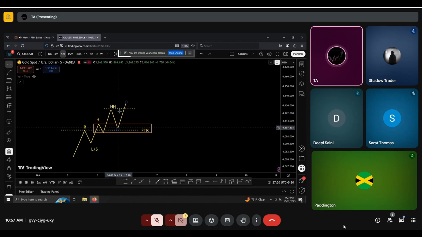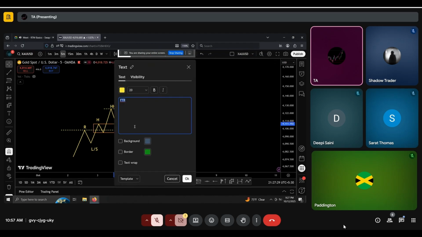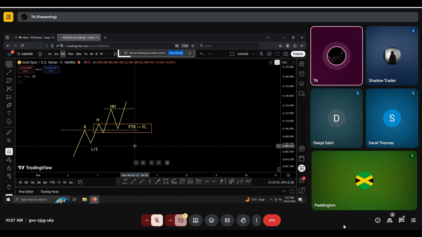So now the price crosses this higher high. Now this FTR converts to FL, right? Now this is FL, and this FL is valid until it is broken to the downside.